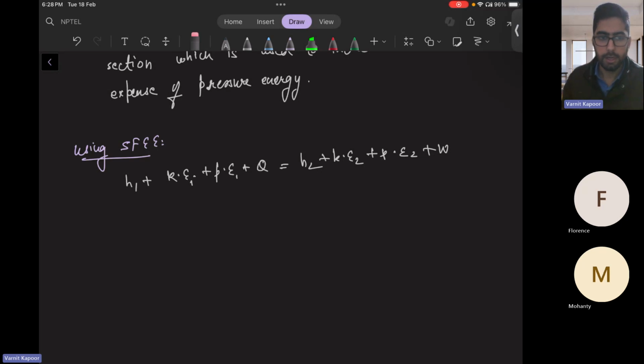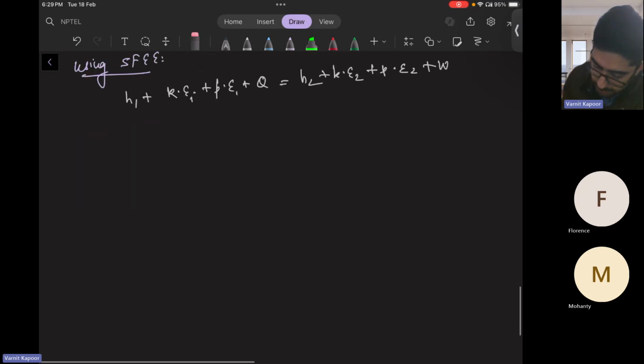As the kinetic energy increases, the outlet velocity C2 will be very high compared to C1, so you can neglect the kinetic energy at the inlet. So all these are assumptions.